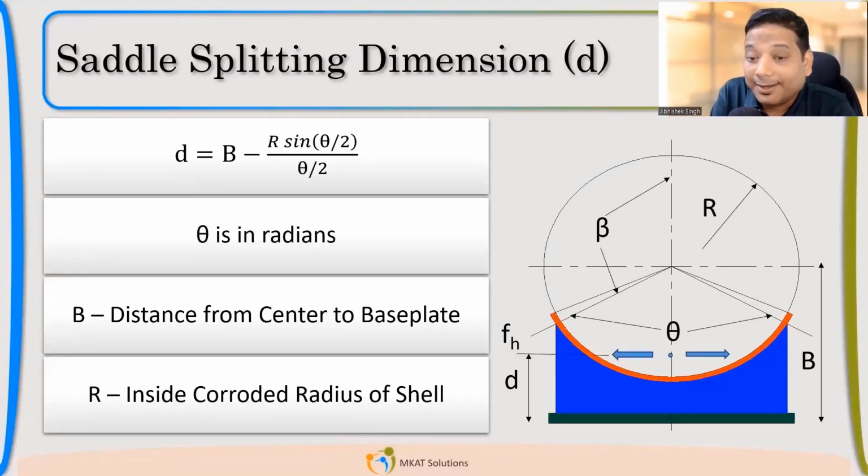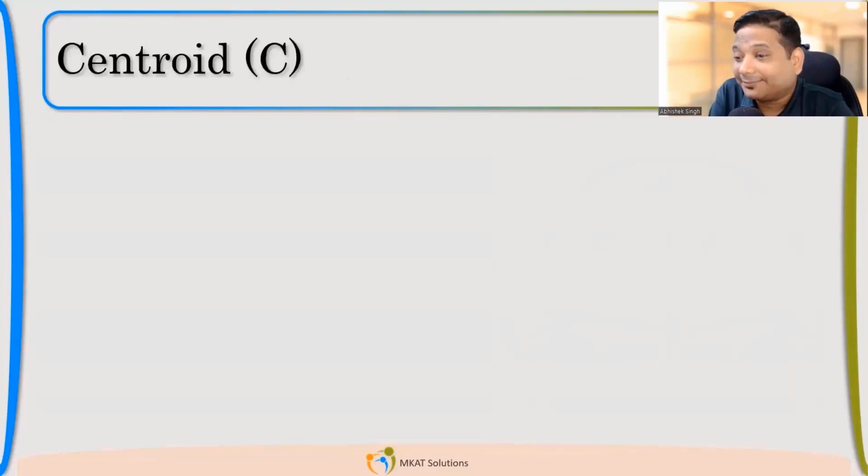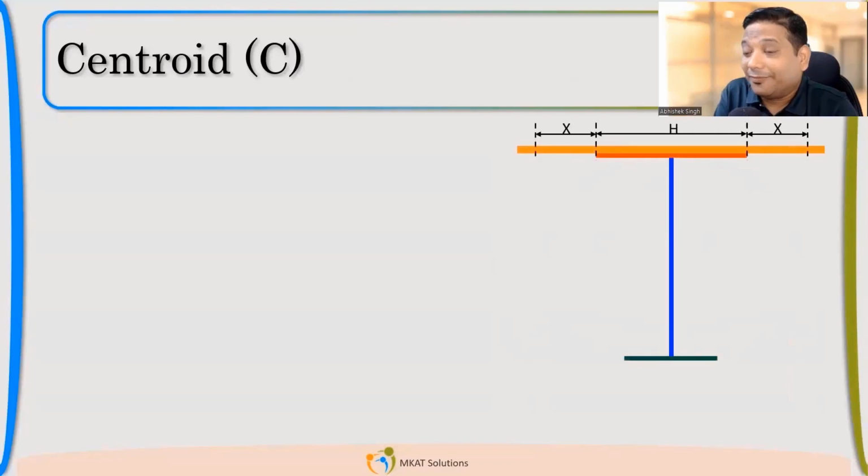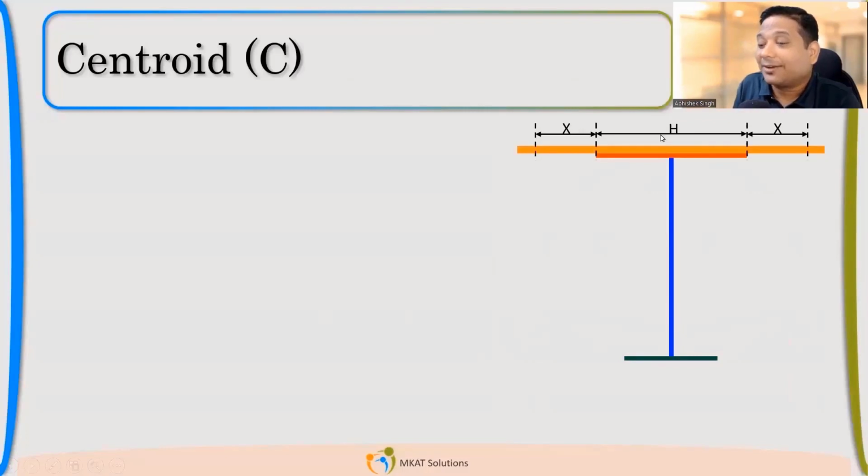Now, what next? Centroid. Which area centroid do I want to calculate? This, the cross section which is failing, right? The blue color. Basically the blue color, but your wear plate, even the shell.